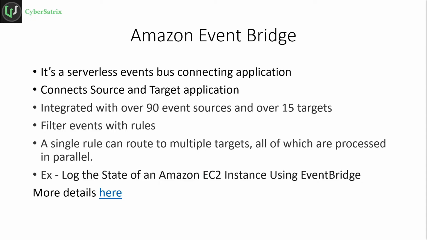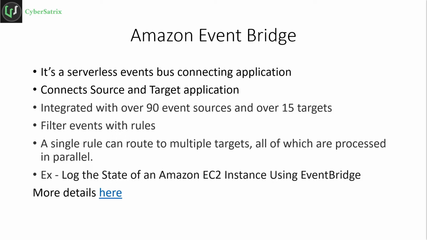But in short, it's a serverless event bus which helps you to connect a specific source to the target, right? For example, if you want to send the logs from a specific service from the CloudWatch to other targets. Let's say that if you want to send the GuardDuty logs, which is basically collected by the CloudWatch automatically, to, let's say, SQS events, or to a specific log group, in that case, your source becomes your GuardDuty and the target becomes your SQS events or the CloudWatch log groups, right?